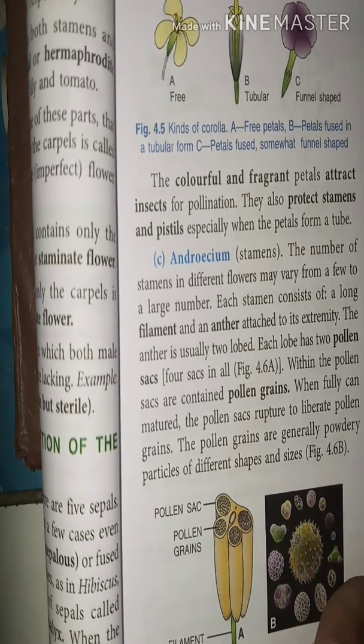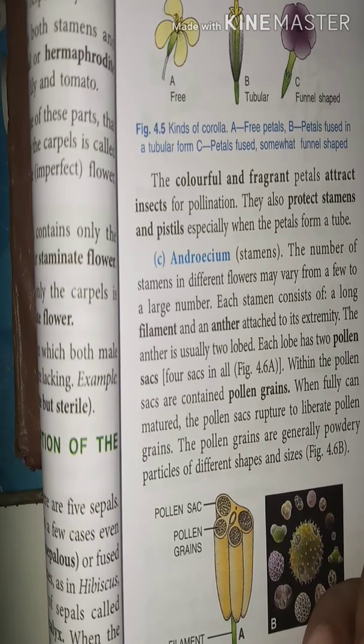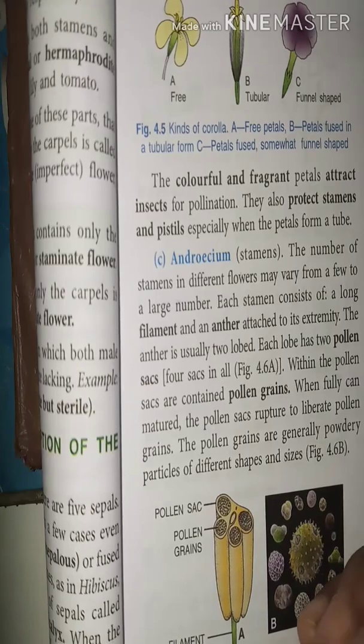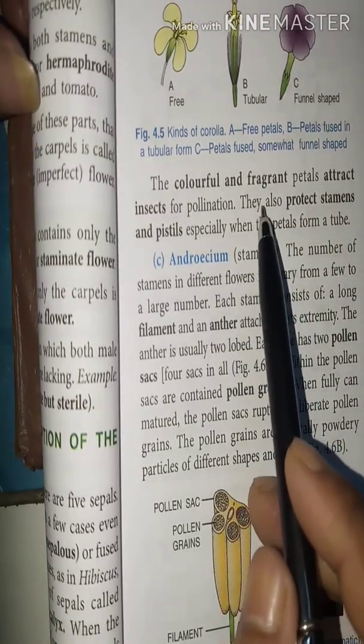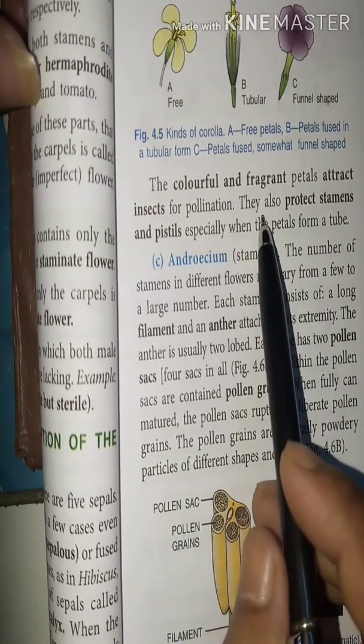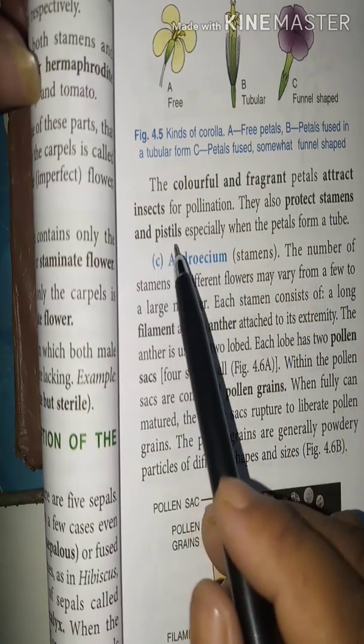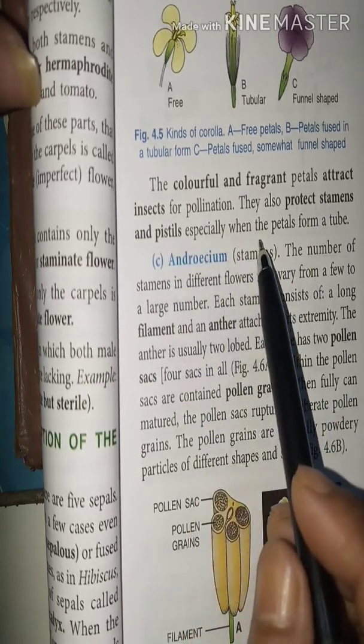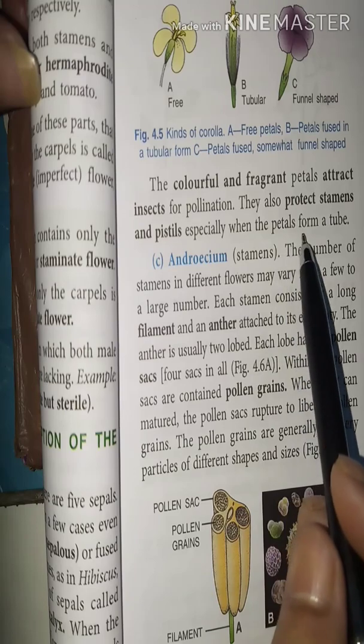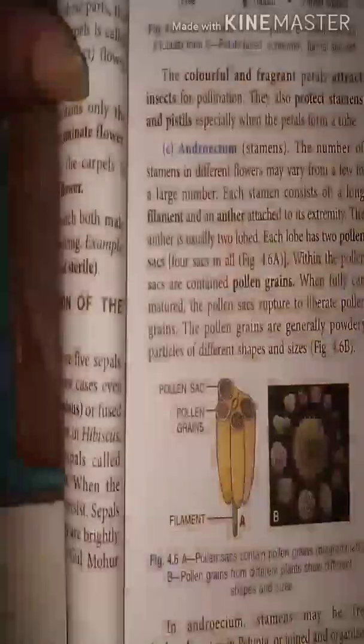If petals are large and showy, then they do not have any fragrance, and if they are dull in appearance and small in size, they must contain fragrance only to attract insects for the process of pollination. They also protect the stamen and pistil, the male and female parts, especially when the petals form a tube.